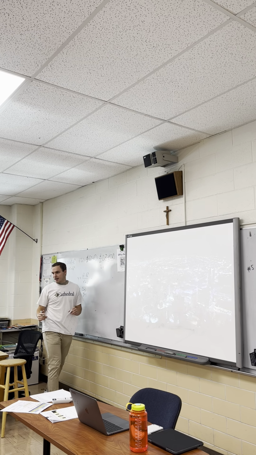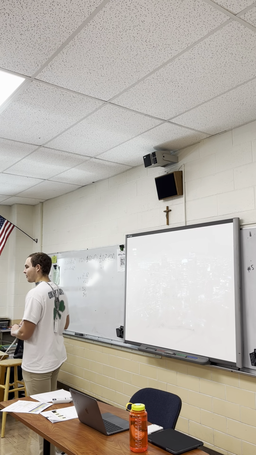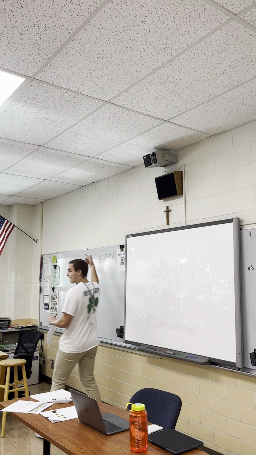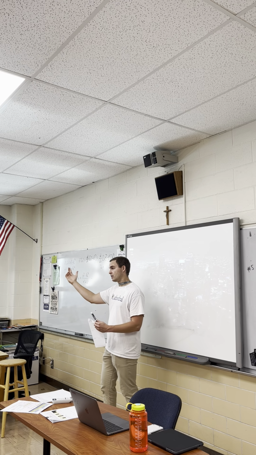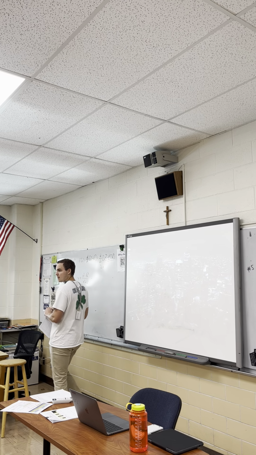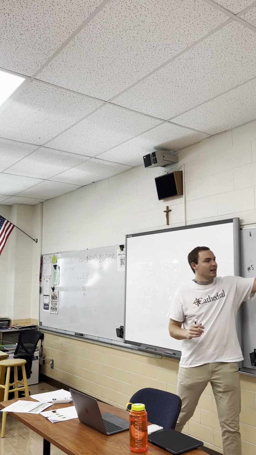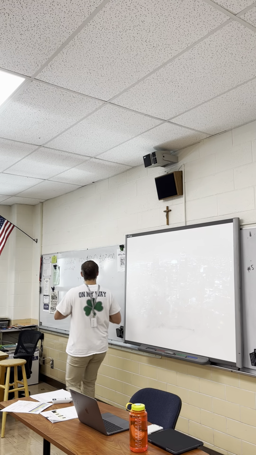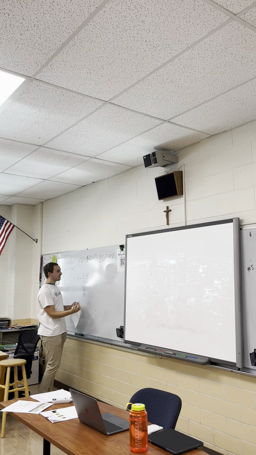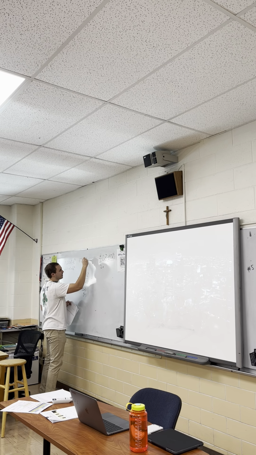The derivative of k squared is 0, because k doesn't actually depend on x at all. So when x changes, k doesn't change at all. So this goes away, and we're left with just 2x. Okay, so my f prime is 2x.